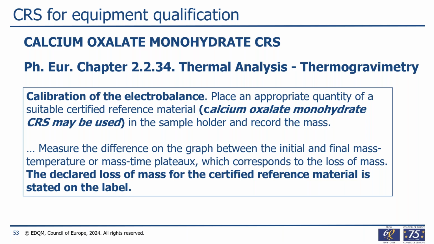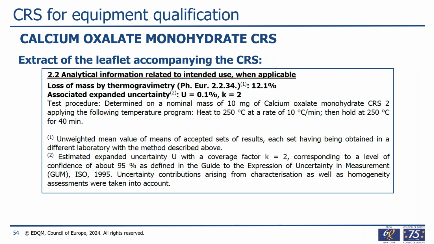We also have calcium oxalate monohydrate CRS, which is used for the calibration of the electrobalance of TGA instruments in accordance with the corresponding general chapter. And here it is important to note that no testing procedure nor acceptance criteria are provided in this general chapter, but they are provided in the leaflet of the CRS, along with a certified mass if this procedure is applied and the uncertainty assigned to the content.